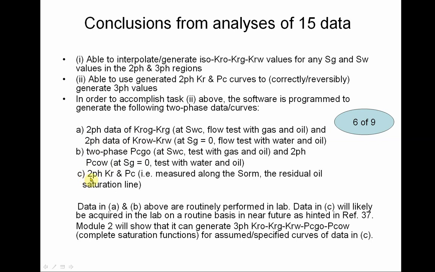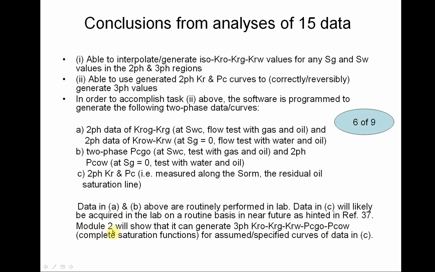And C. Two-phase KR and PC measured along the residual oil saturation line. Data in A and B are currently performed in the lab. Data in C will likely be acquired in the lab on a routine basis in future, as hinted in reference 37.